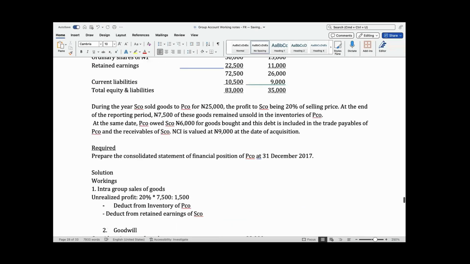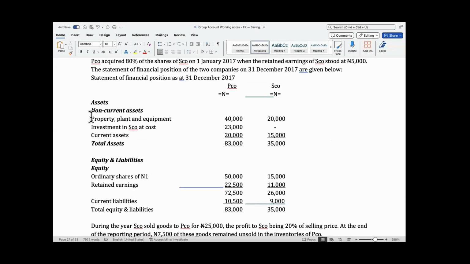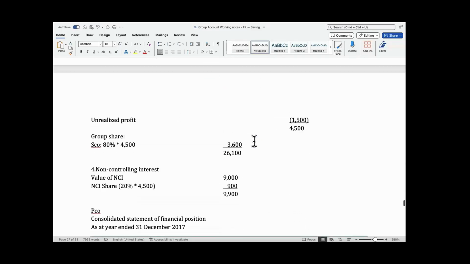Okay. First item is PPE, and this is giving us 60,000.